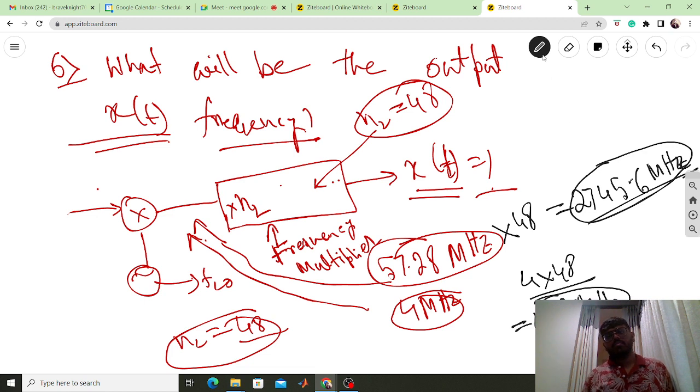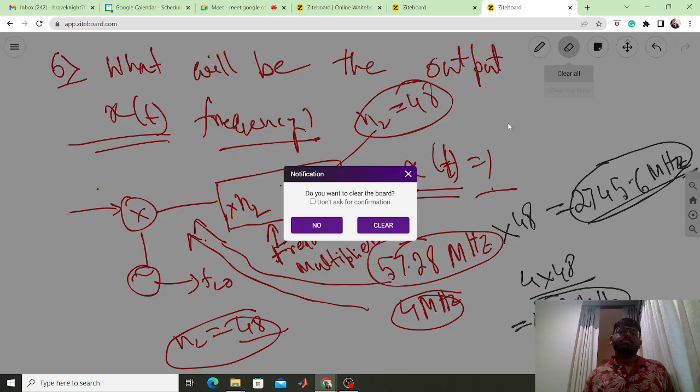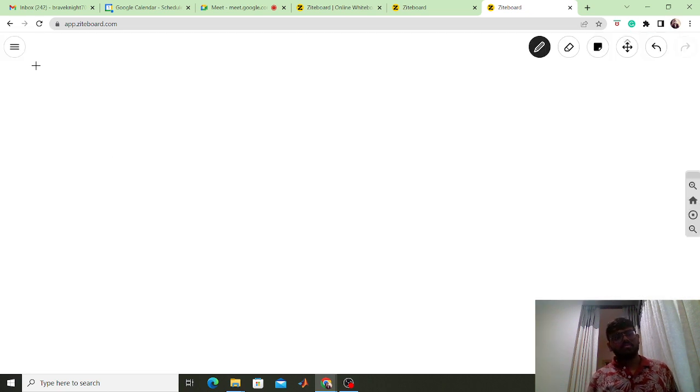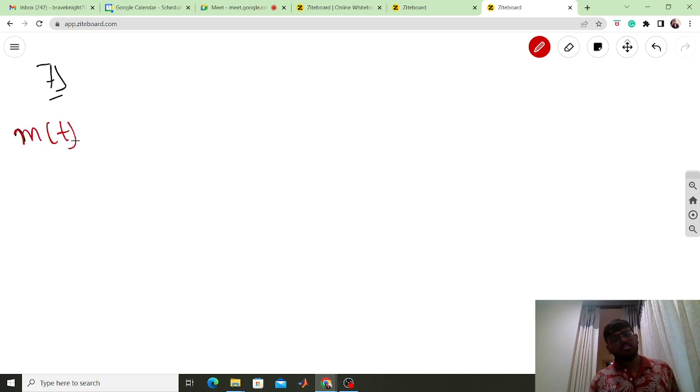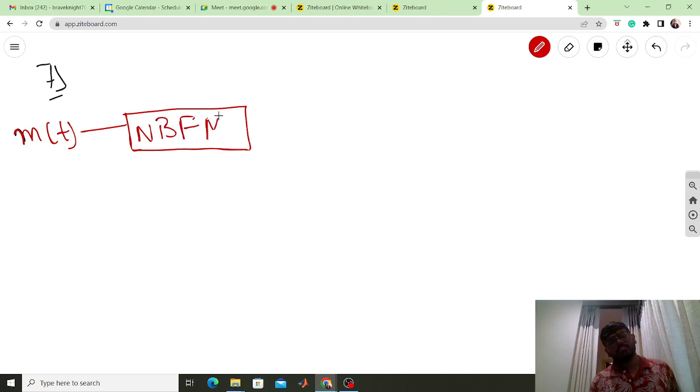Okay, I'm just drawing that question once again for the next question now. 7. Just drawing the block diagram once again. That is, it was like MT that is going to a FM modulator, and here it is F1.